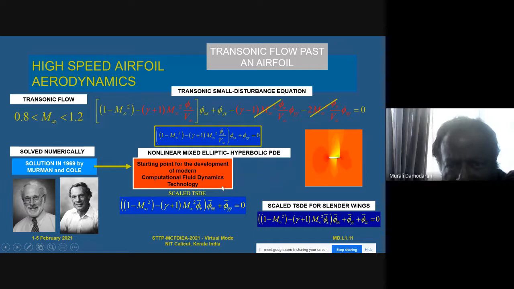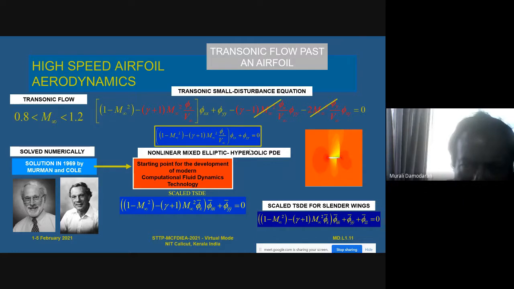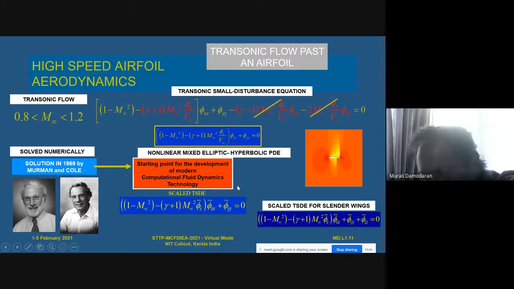So this was the first calculation where they solved the transonic small disturbance potential equation. Now for this, I don't need a mesh. My mesh will be just a rectangular mesh because the airfoil is replaced by a slit, which is a line, a slit on top and bottom. I will specify my boundary conditions, so the mesh is very easy to develop.